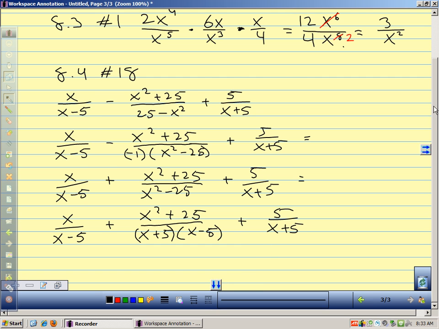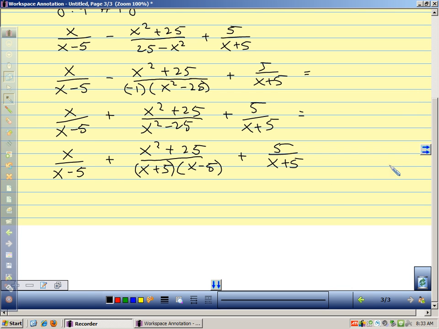All right, so what is our common denominator going to be here, to add these fractions? x plus 5 times x minus 5. So I have to multiply this by x plus 5. So I get x times x plus 5 over x minus 5 times x plus 5.